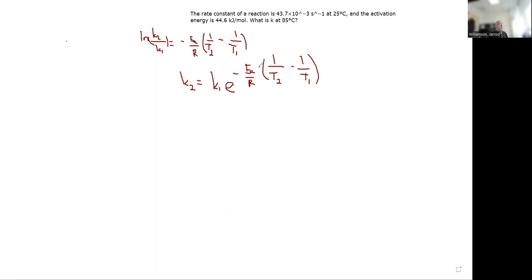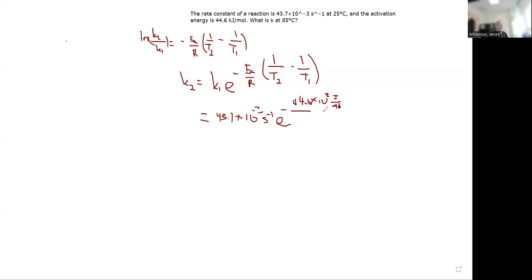I get this form. This is going to give me K2 equals 43.7 times 10 to the negative 3 seconds to the minus 1 times e to the minus 44.6 kilojoules per mole, which is 44.6 times 10 to the third joules per mole.